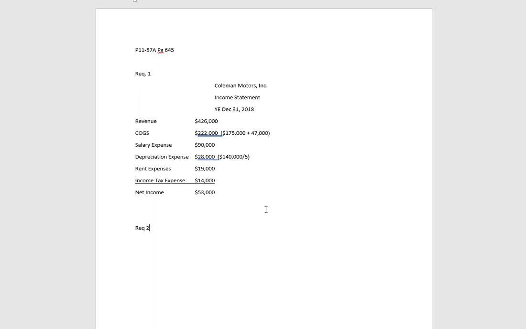Requirement 2 is our balance sheet. So this is going to be, just really copy this to here, except this is now going to be called a balance sheet, and it's not year ended, it's a specific date, so we're going to get rid of that.